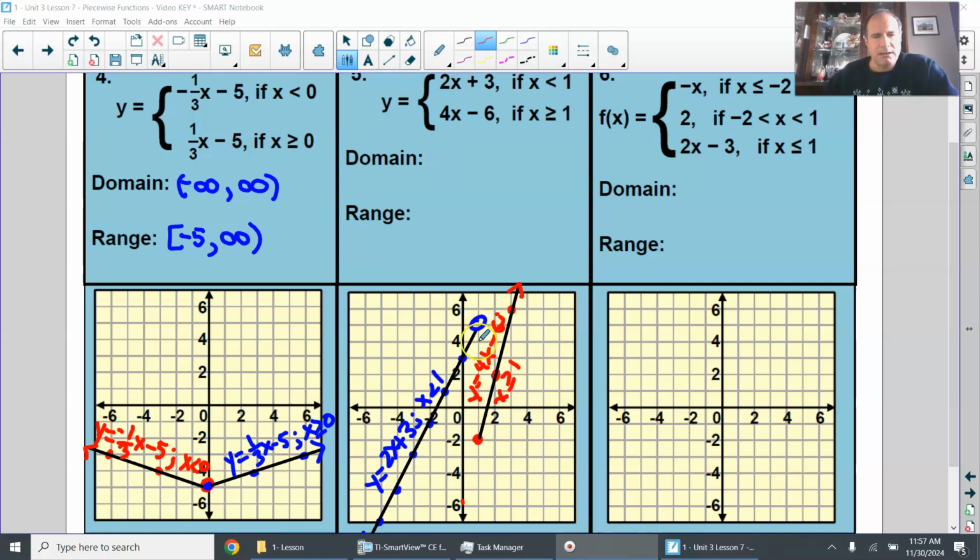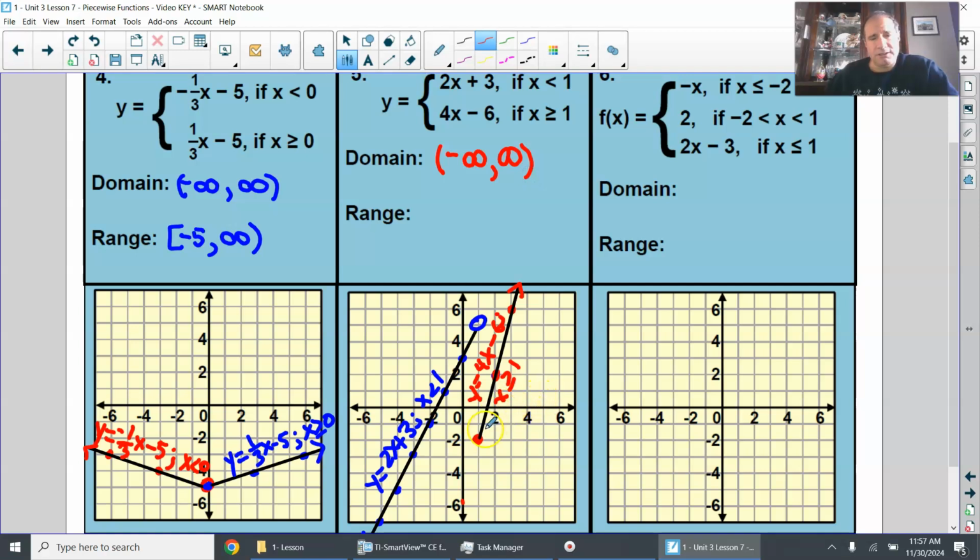The domain, we're looking at the x's only. It goes on forever to the left, and it goes on forever to the right. So that's negative infinity and positive infinity.